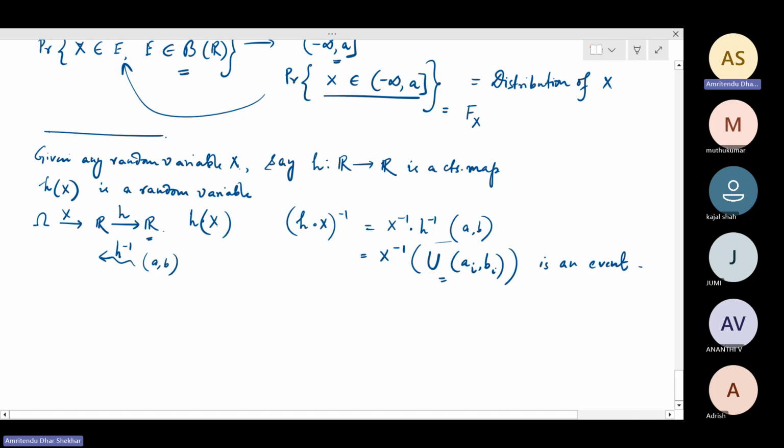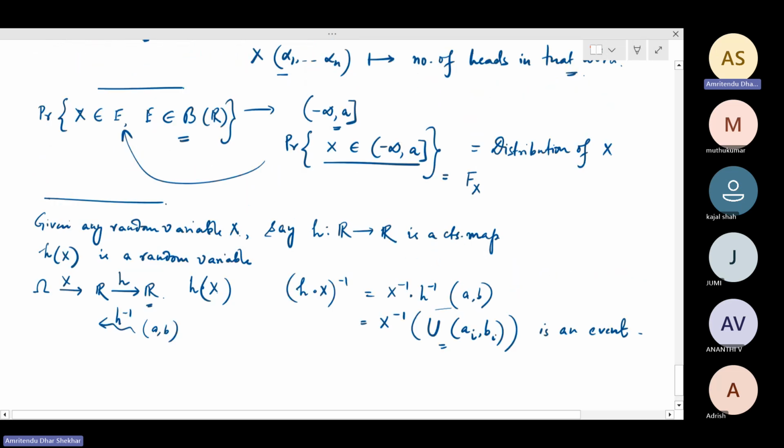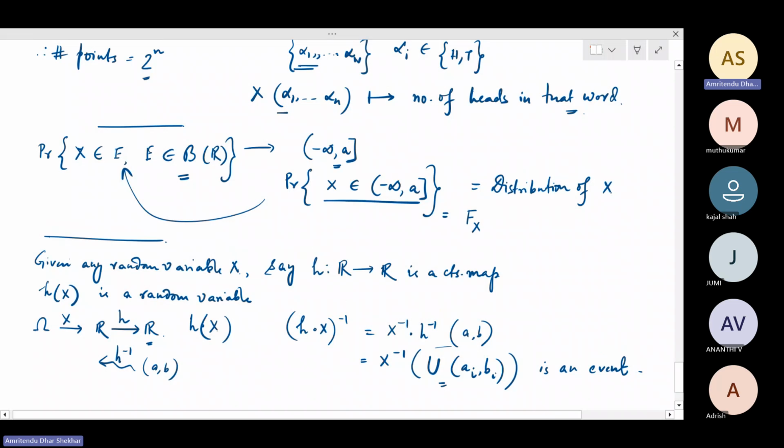So this is a very important point to remember, because you will see many problems and many applications where you are not just dealing with any random variable, but you are dealing with a function of random variables.